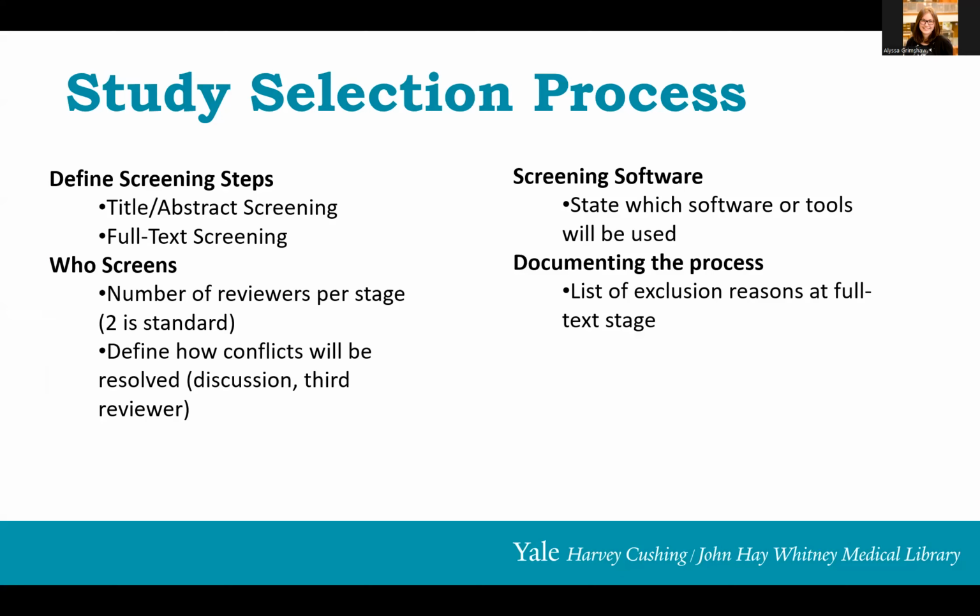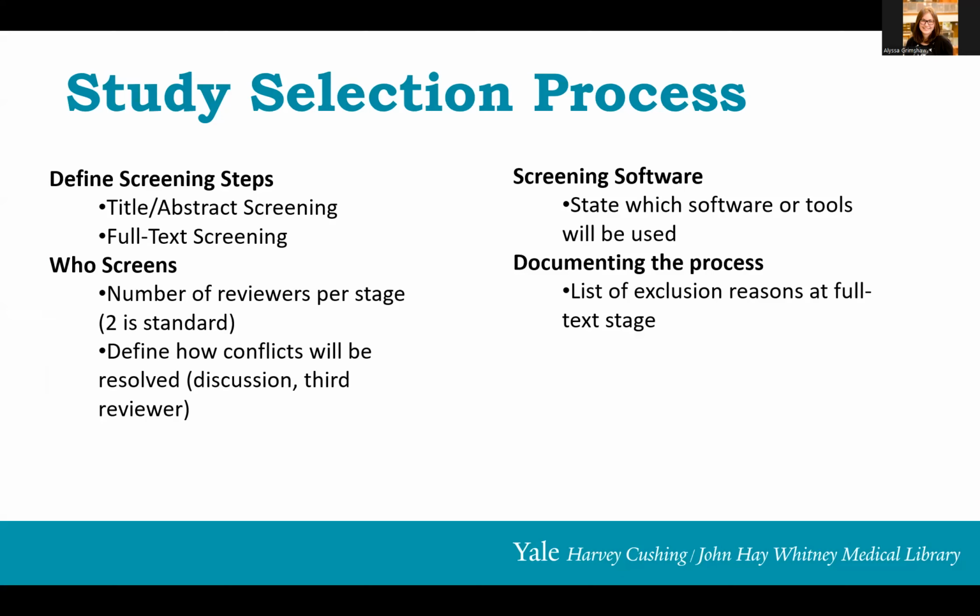But it is okay that they are slightly different. They can't be totally different. We definitely want full text review to be a narrower focus of those title and abstract reasons.